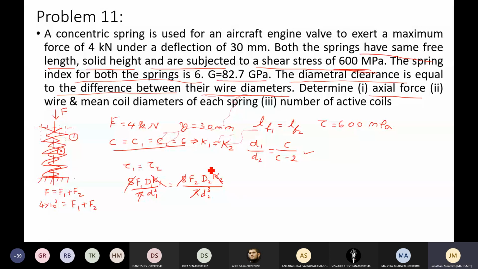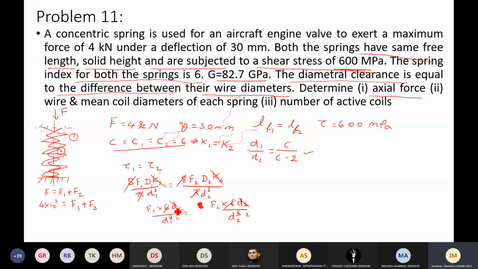What about other things? Still you can simplify this. We know that C is 6, so you can write F1 into 6 times D1 by D1 cubed equal to F2 into 6 times D2 by D2 cubed. So D1 over D1 cubed becomes square, D2 over D2 cubed becomes square. So this will get cancelled out again.